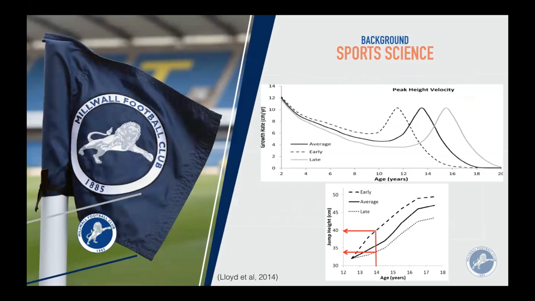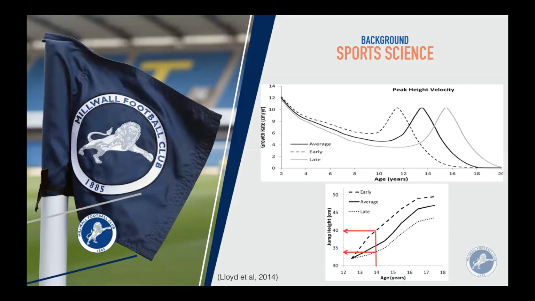The main reason behind it is that adolescent athletes grow at different rates. By monitoring and assessing that, you might have early maturers and late maturers, as the top graph shows, which occur at different chronological ages. This can also affect performance.